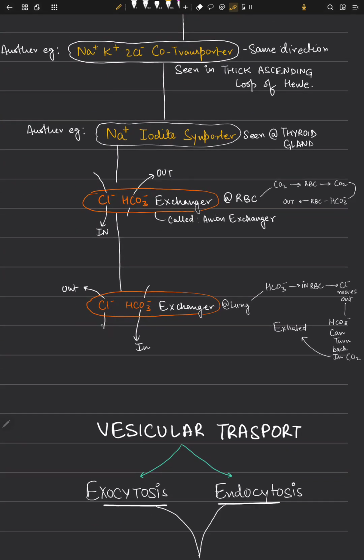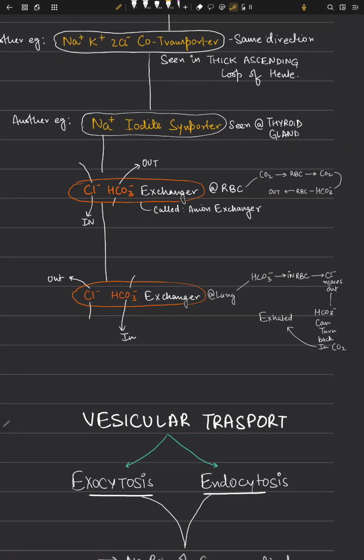What about this different one? Chlorine out, bicarb in. This happens at the lungs. Why does it happen at the lungs? Because we want to exhale. Bicarb is in the RBC already, so chlorine moves out and HCO3 can turn back into CO2.